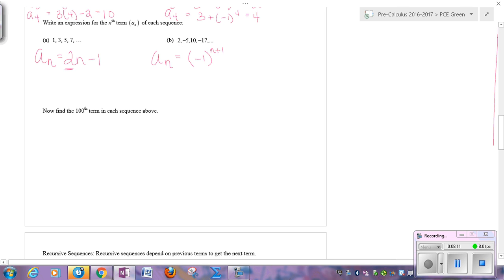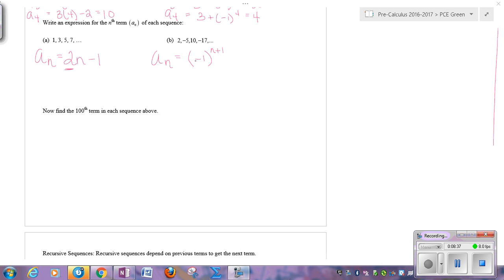Okay, so that will take care of all of the positive and negative happening. So for example, when I put 1 in here to find the first term, 1 plus 1 is 2, that's going to end up squaring that, which is going to make that positive, which is going to give me my first term positive. So by doing this, I'm going to have every even term in my sequence, the second, the fourth, the sixth, they're all going to end up being negative.